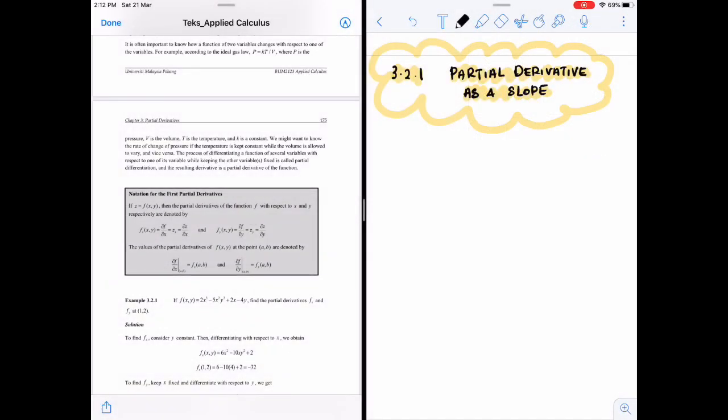Let's continue with subtopic 3.2.1, where partial derivative as a slope. Okay, so we know that when we have a surface z representing the function with two variables x and y, we can find the partial derivative of f with respect to x or with respect to y. So let's say we find the partial derivative of f with respect to x at some point (x0, y0).